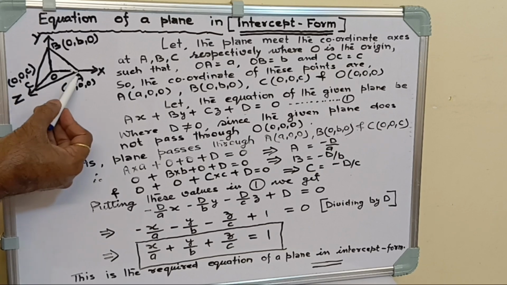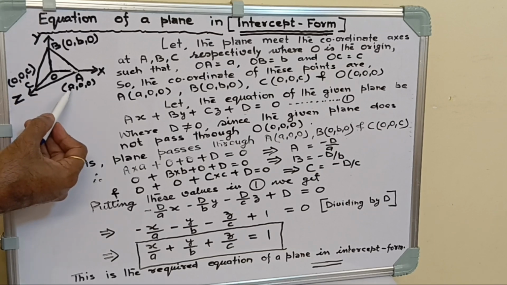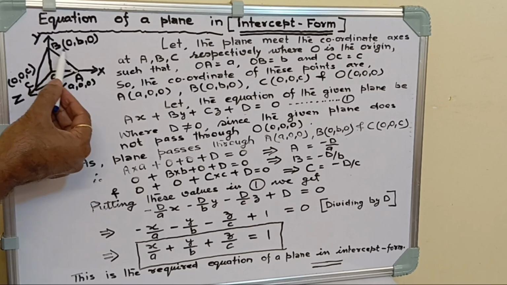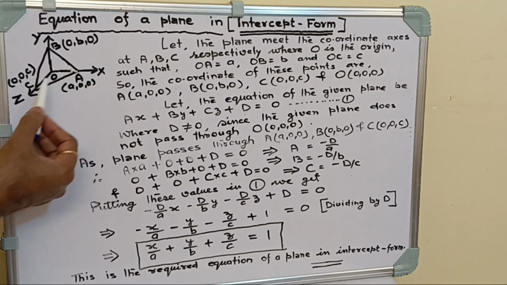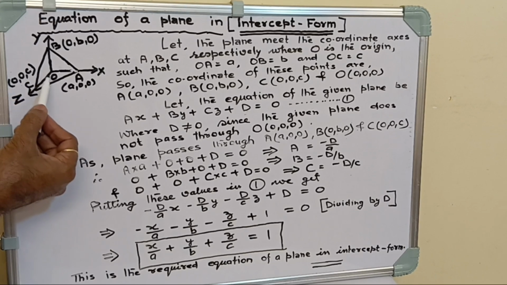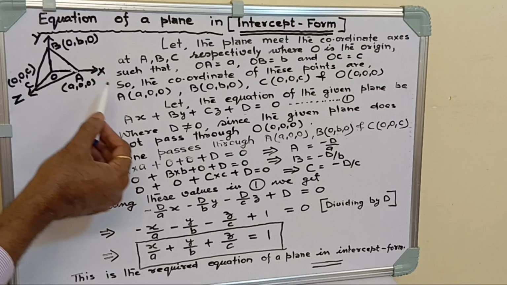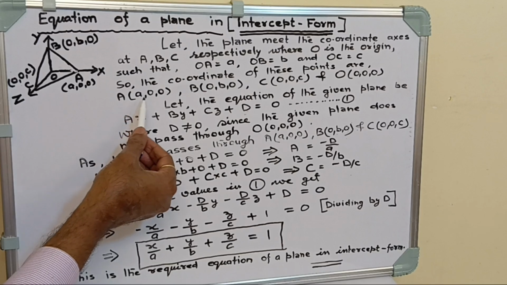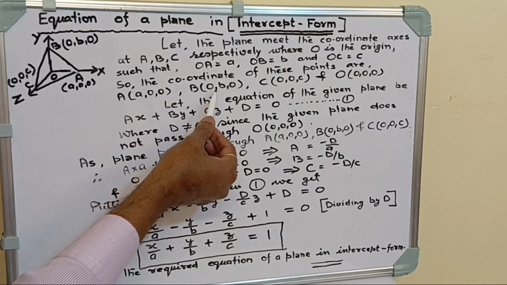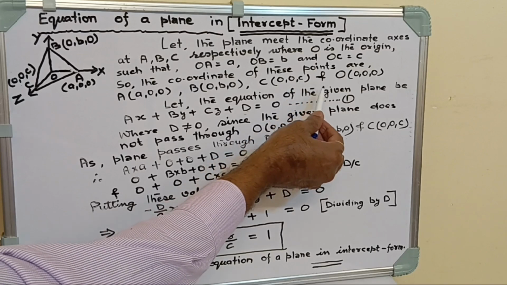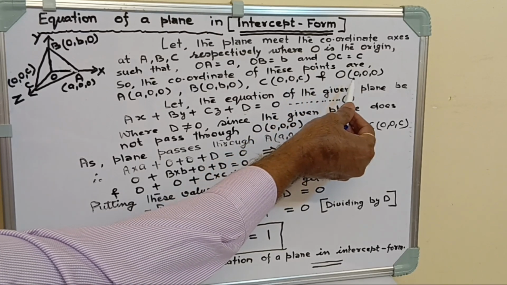So the coordinate of A is (a, 0, 0), coordinate of B is (0, b, 0), and coordinate of C is (0, 0, c), where the coordinate of origin O is (0, 0, 0).